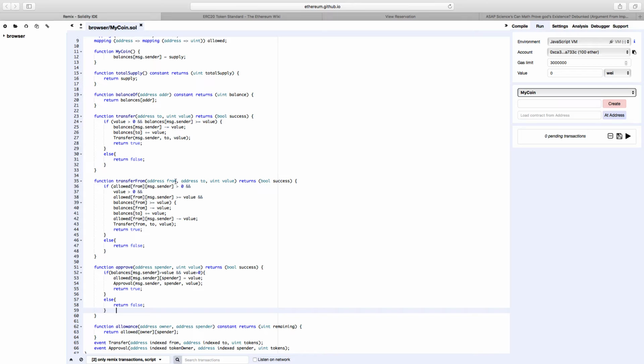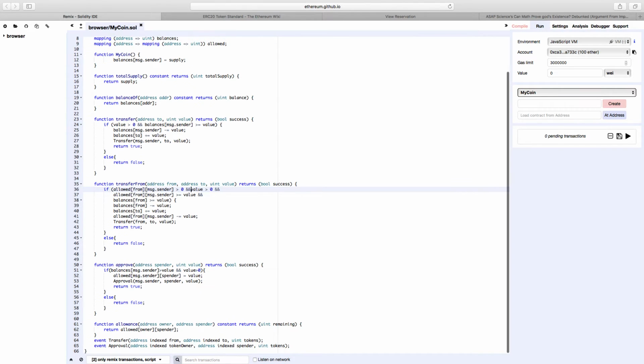To do that, this function will first take whose account I want to spend money from, whose account I want to send the tokens to, and how many tokens I want to send. But for that we first need to have some checks and balances in place, and these checks and balances will be the following.